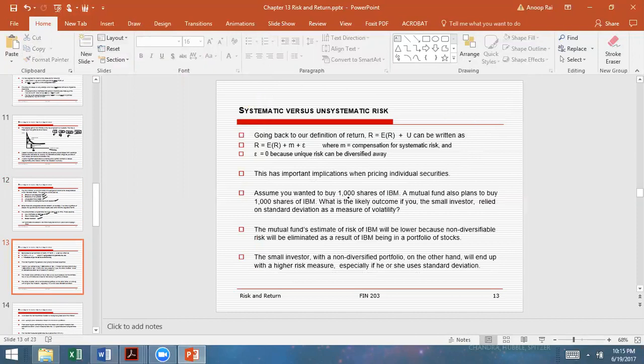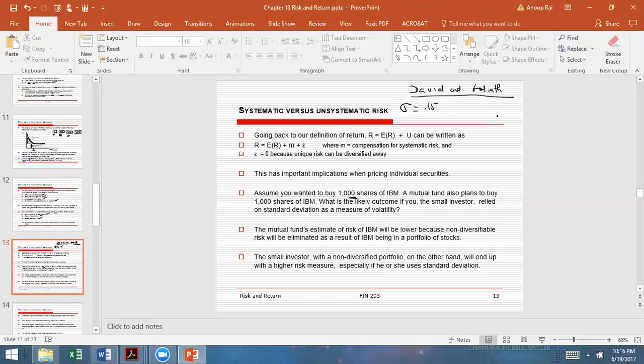Suppose you wanted to buy 1,000 shares of IBM. At the same time, I'm sure many mutual funds are also going to end up buying 1,000 shares of IBM. Now, why do I call it a David and Goliath story? I say that because if I'm only buying one IBM stock, then I calculate my standard deviation, and it turns out to be 15%.